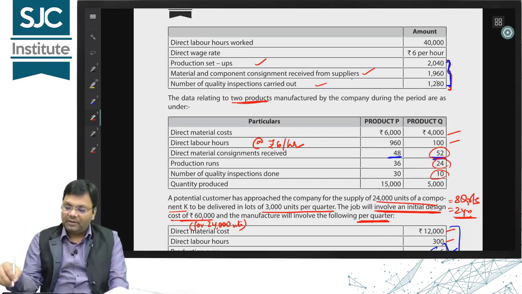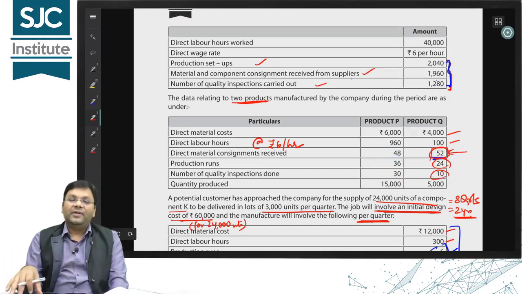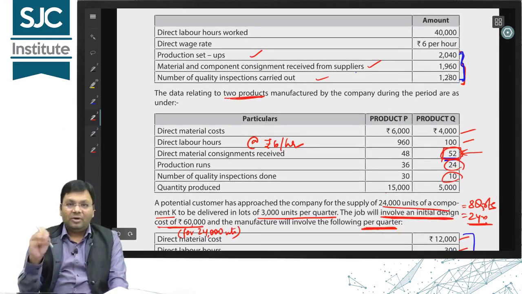Recommendation number 1: we have more consignments for Q. For P, we have 48 consignments for 15,000 units of production, and for 5,000 units of Q we have 52 consignments. What does this mean? We are buying materials in very small lots.